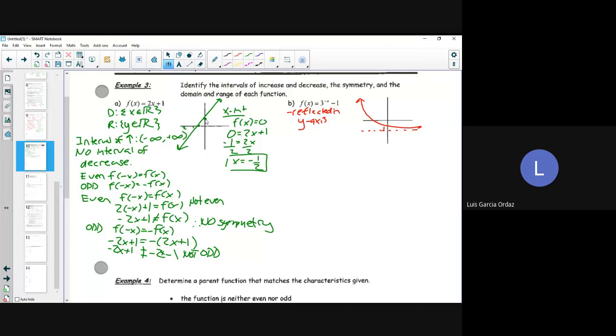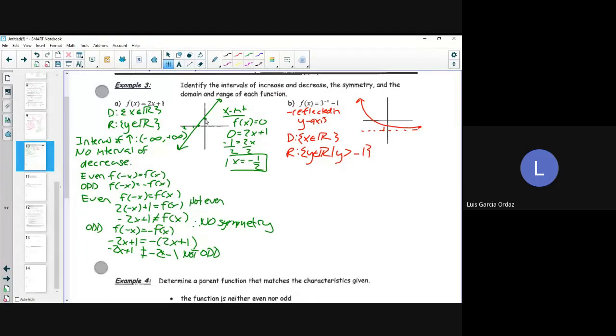So we'll start with the easy part. We'll start with the domain and the range. So what would our domain be for this graph? x is an element of the real numbers. And what is our range? y is greater than negative 1.